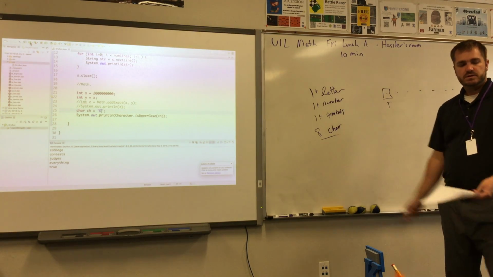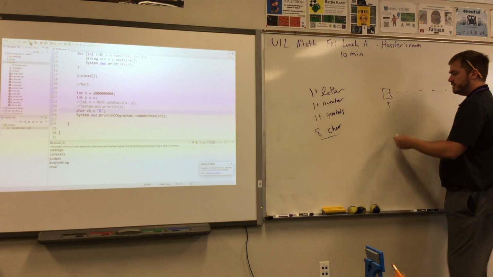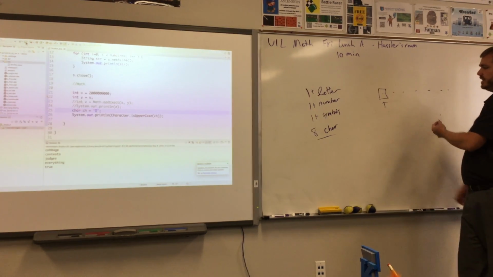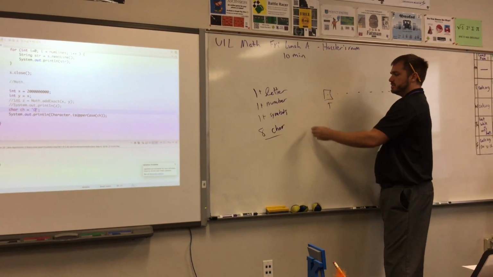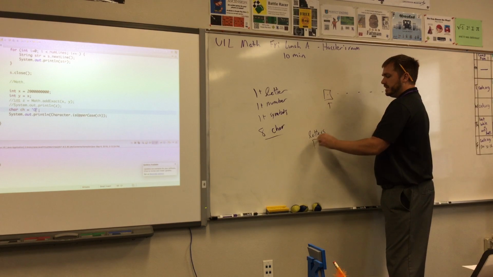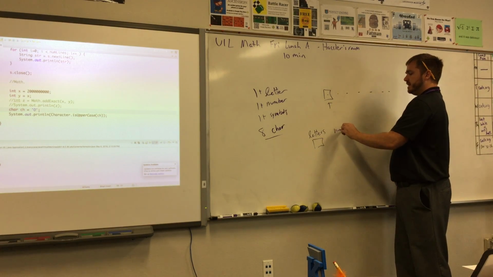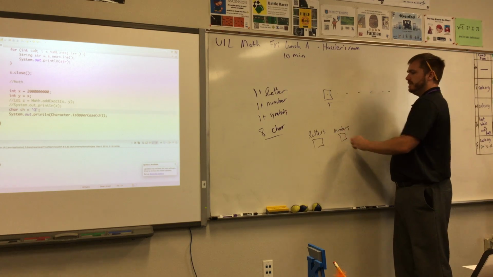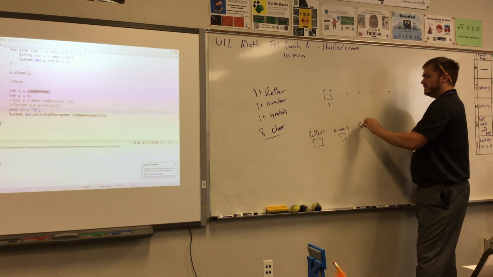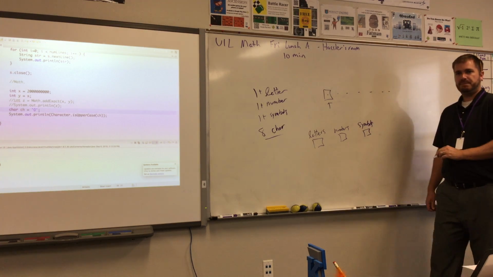So, what I would think you would need to do is go through here and count, like look at this one, and you'd have a variable keeping track of how many letters, another variable keeping track of how many numbers, and another variable keeping track of how many symbols you had.